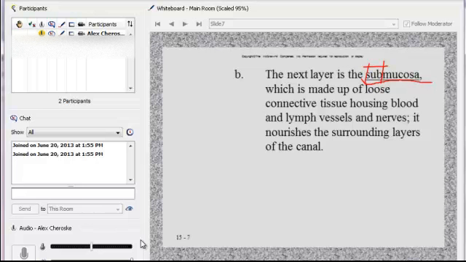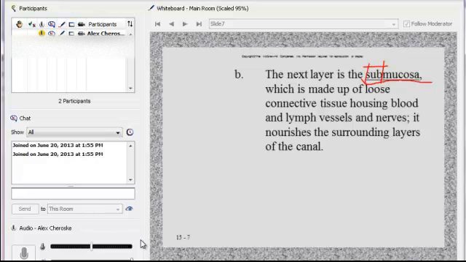The outermost layer made of epithelium, covering and lining, just like here. Then the layer underneath that is the dermis, and in the dermis we have blood vessels going across it, glands, connective tissue, a lot of different things down in the dermis.